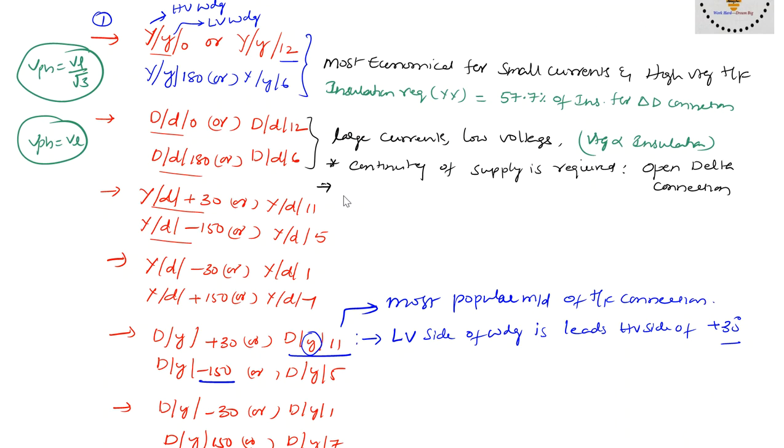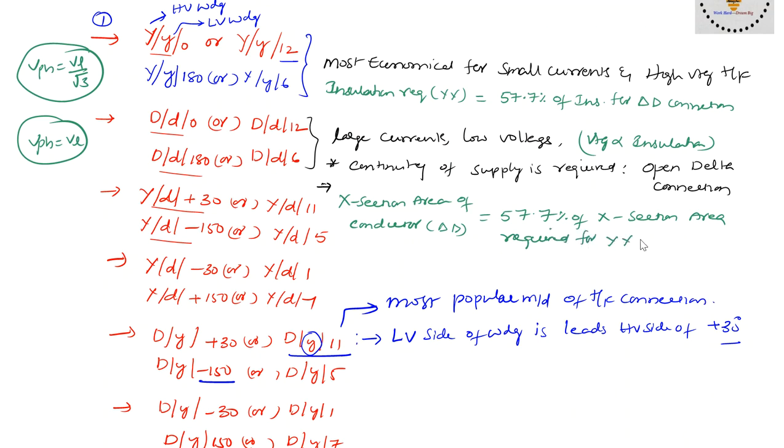The cross section area of the conductor in delta delta connected winding is 57.7% of the cross section area required for star star connected winding. So these are the comparison points. We'll move to the next point.